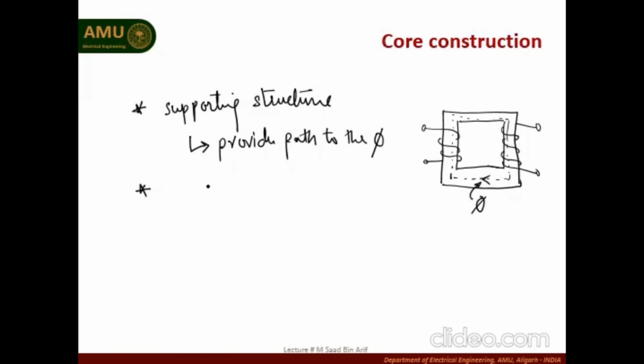Now if you look at this statement, that it provides a path to the flux, it means this path should be a low reluctance path so that the losses get reduced. Therefore we can say that the transformer core must be made up of highly permeable material.